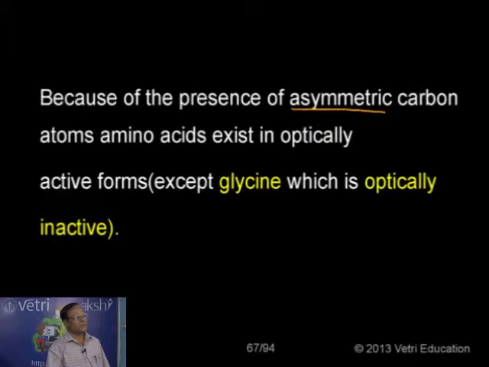Remember this one question: of all the 20 amino acids, only one is optically inactive, the simplest amino acid, glycine. So it has two properties: one, it is the simplest amino acid having hydrogen as the R group, and secondly, it is optically inactive.